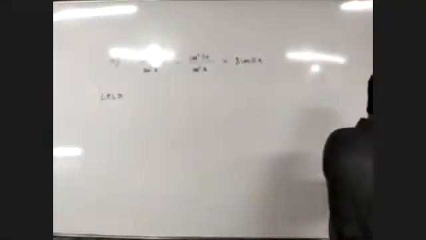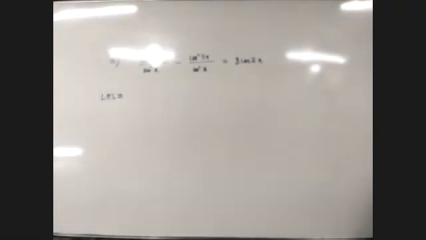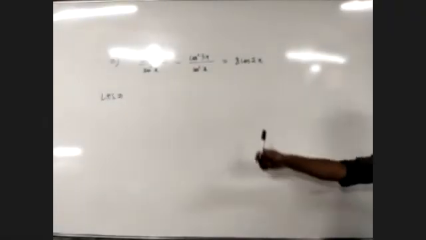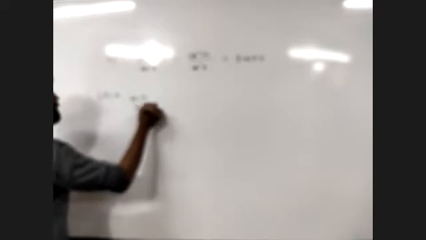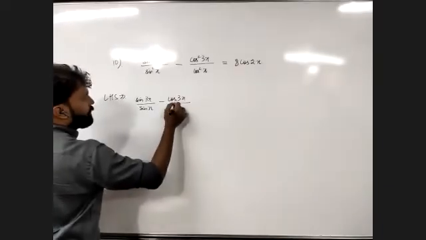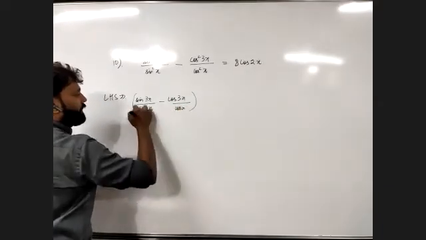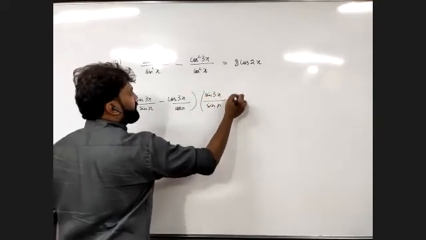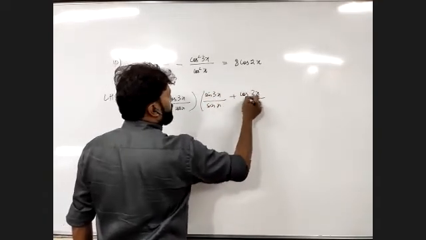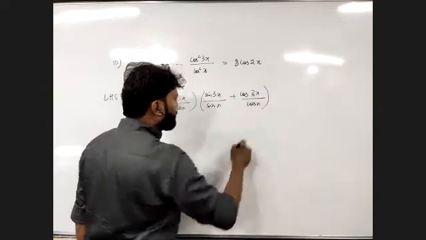First of all, in the numerator itself, we can use the formula for a square minus b square. Look, sin 3x upon sin x minus cos 3x upon cos x, then sin 3x upon sin x plus cos 3x upon cos x. Have you understood this step?